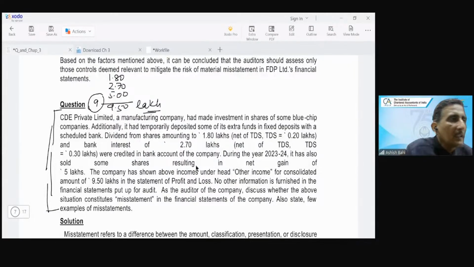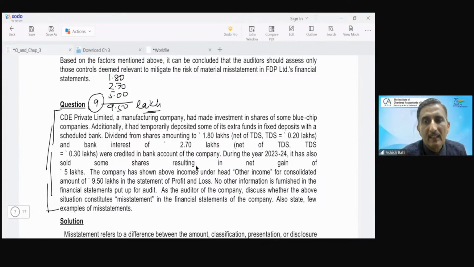Yes, Tejaswin, you have written something. Yes, can you pinpoint what are misstatements in the given situation? Please, please answer on BOS mail, not in chat box, students.